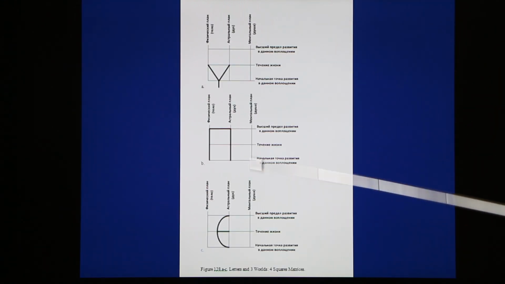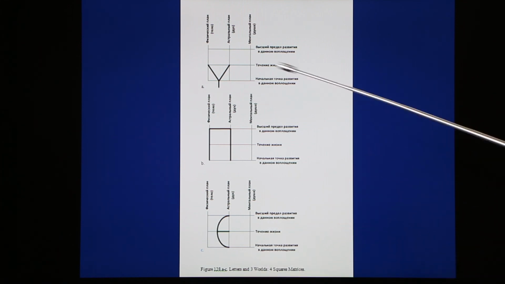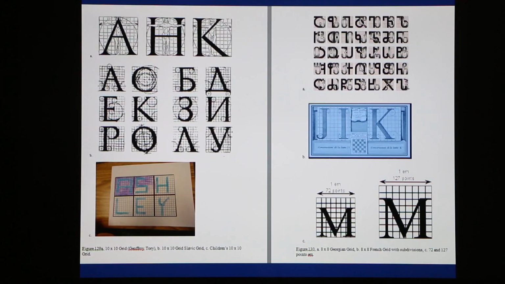And here we see now a 2D version of those cubes for making those letters. And then we just use a square as if there were no cube, and use that for making letters here in Latin and English, here in Georgian, here in French, and here again in English.